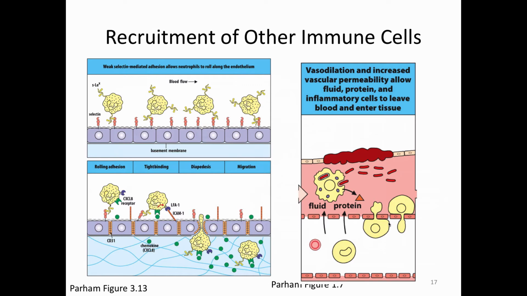The exact proteins vary a little bit, but the steps are the same anytime an immune cell wants to leave the blood. I am going to focus on those 3 steps when we talk about T cells and how they interact in the lymph node, because that's where I usually talk about them. But just so you know, there is a very regulated process that these neutrophils and other cell types are going to go through. And it's the same process we're going to see later to allow these cells to be recruited.